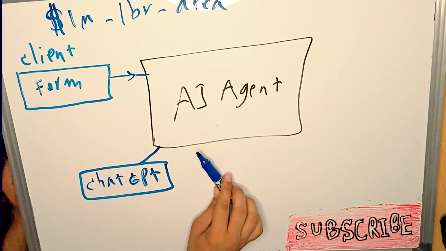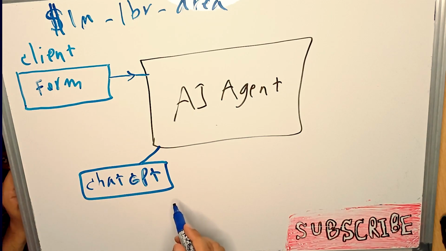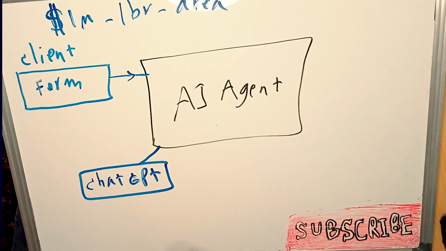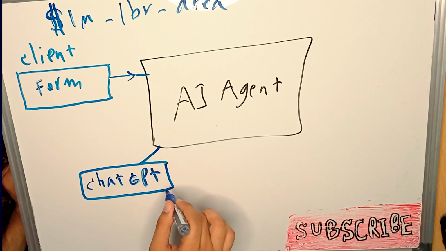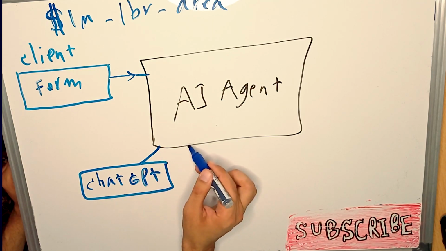So the AI agent gives the information to ChatGPT to analyze it and process the data. Then when ChatGPT understands what the client exactly wants, it refines the information and gives it back to the AI agent.